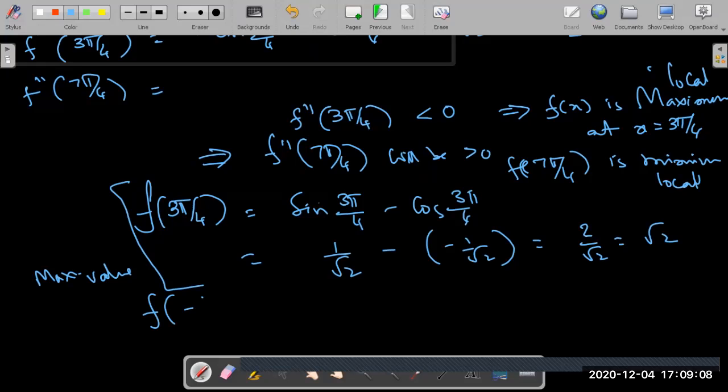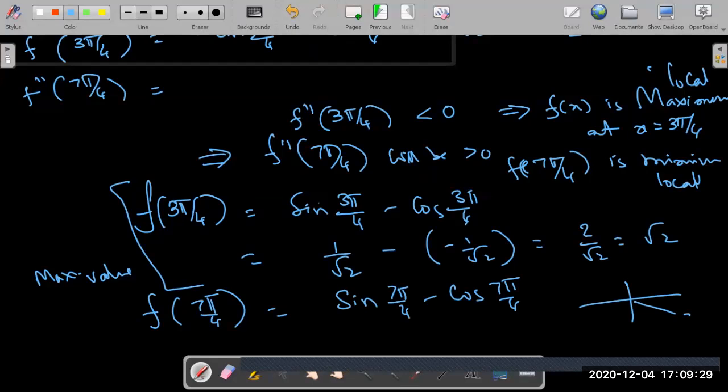So the minimum value will be f of 7 pi by 4. So sin 7 pi by 4 minus cos 7 pi by 4. 7 pi by 4 is here. This is the 7 pi by 4 value.